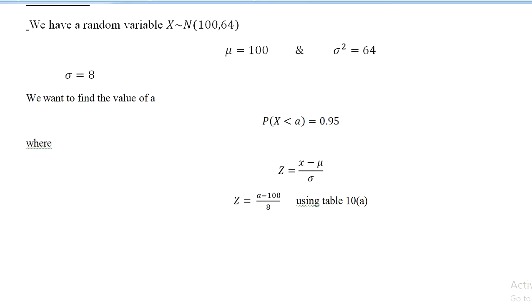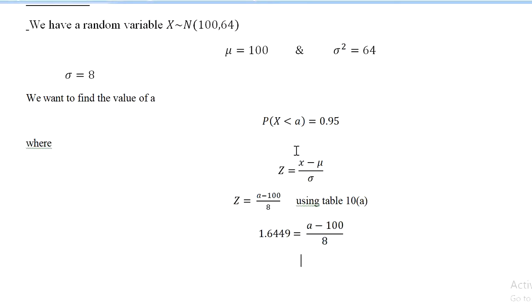So the value of z is 1.6449. That is equals to a minus mu divided by sigma.